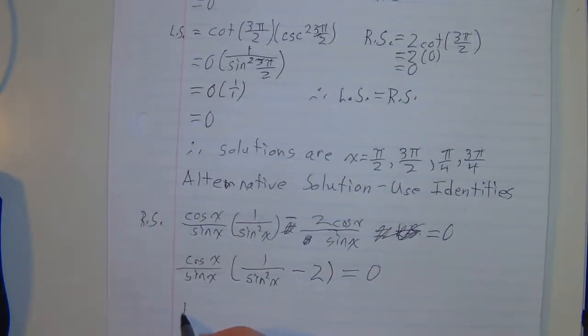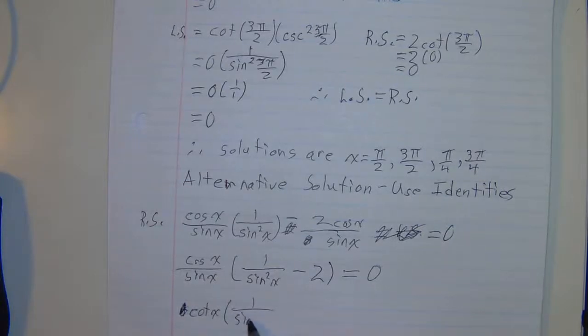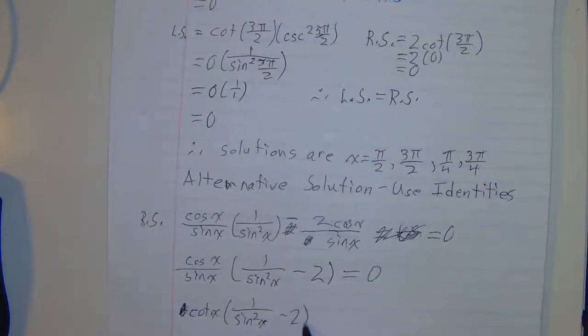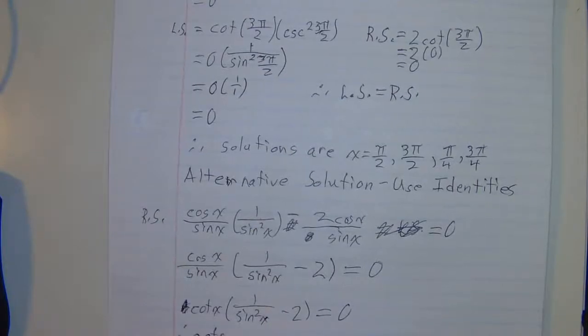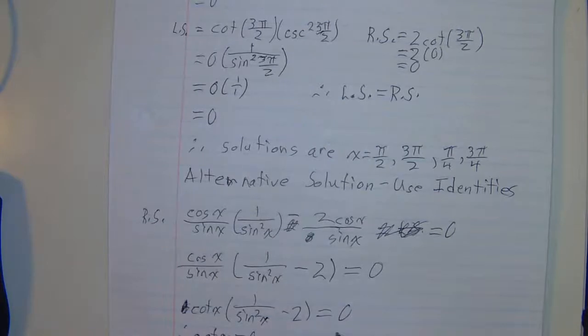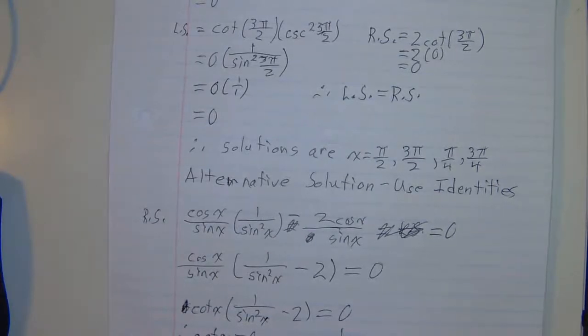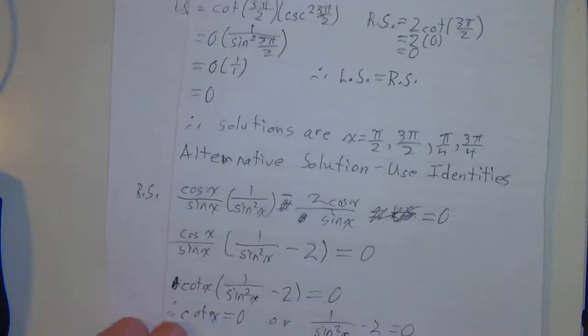And so then I might put this back to cotangent x just to have a single one: cotangent x times 1 over sine squared x minus 2 equals 0. All right, and so now we've got it factored, and we can say, okay, well, either cotangent x equals 0 or 1 over sine squared x minus 2 equals 0.